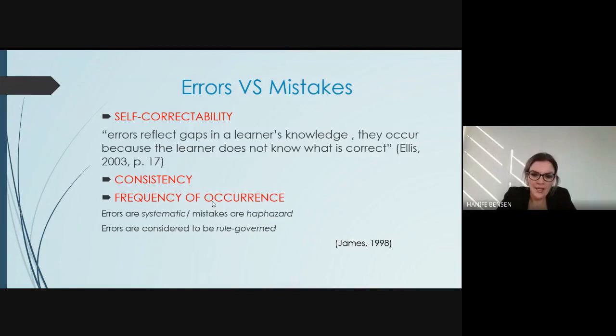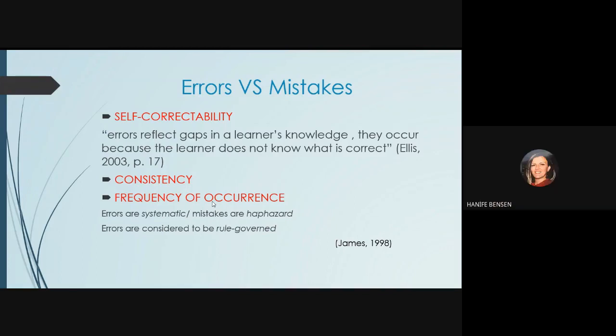Now, as I said, mistakes can be self-corrected, and errors cannot be self-corrected unless they are advanced level students, so C1, C2 in the new proficiency level. So this shows us that errors are much more important than mistakes.